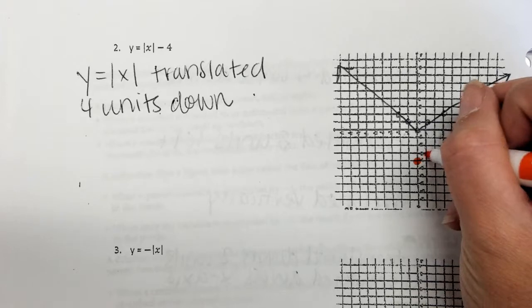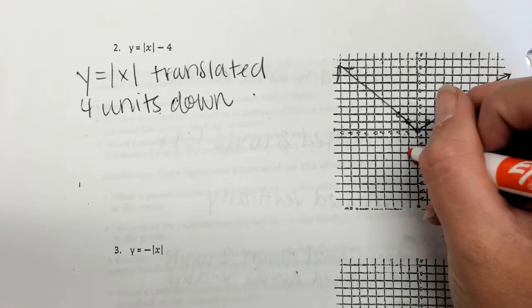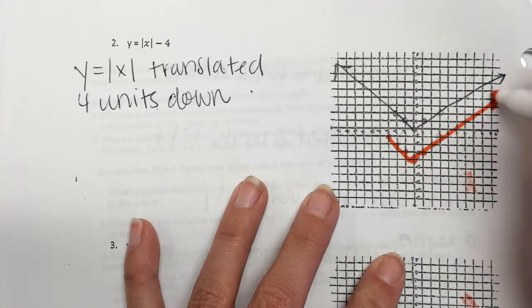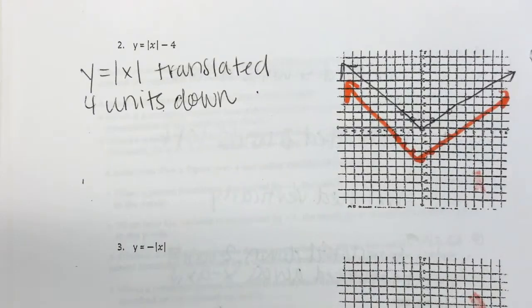Up 1 over 1, up 1 over 1. Try 3 with your partner. Number 3. So think about what's being done, then graph your parent graph and your transformed graph.